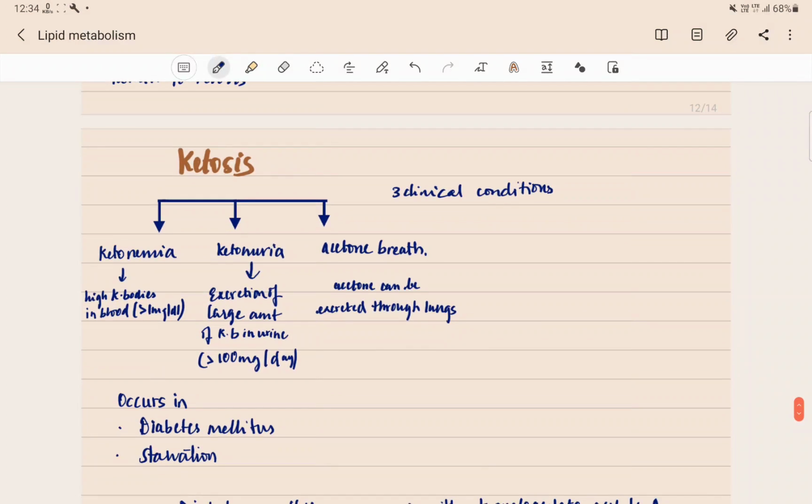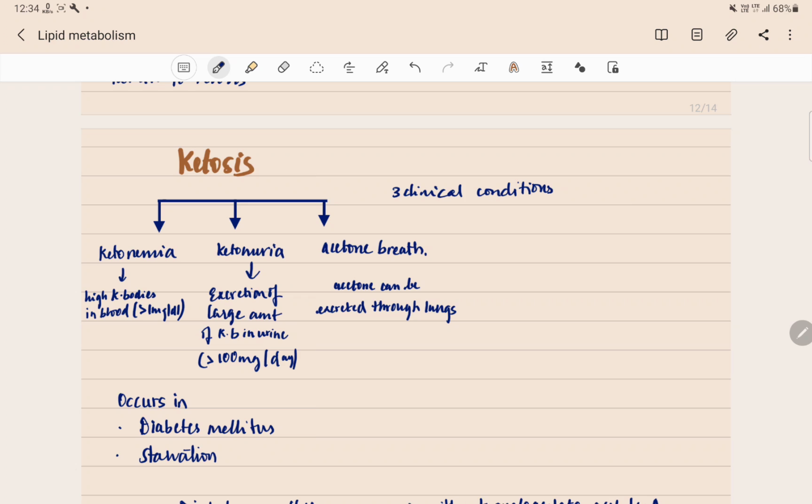There are three clinical conditions of ketosis: ketonemia, ketonuria, and acetone breath. As I said, ketonemia is increased ketone bodies in blood above 1 milligram per dl. Ketonuria is excretion of a large amount of ketone bodies in urine.